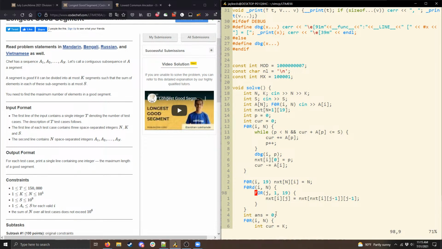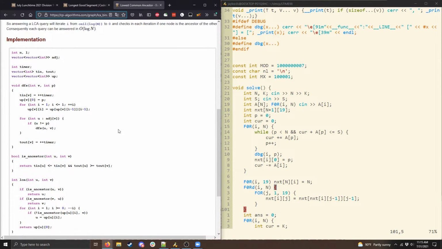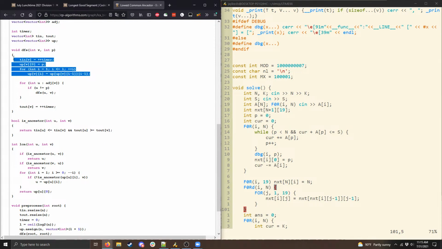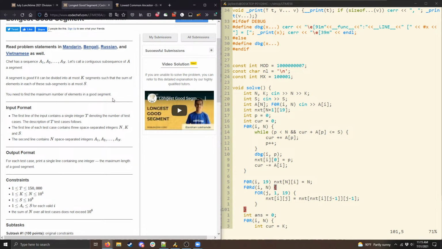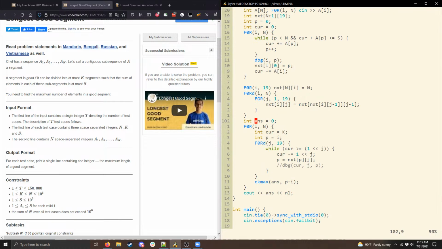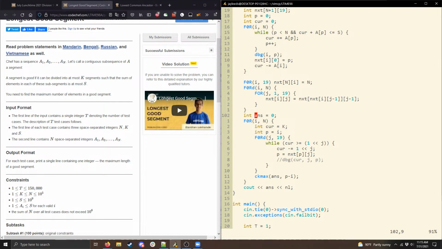But okay, so then you can build this next of i j array, and again, details on that are in this article, like you can see there in this code right here. And then we can use binary lifting to find the point after k segments after any given point by essentially iterating over k's bitwise representation.